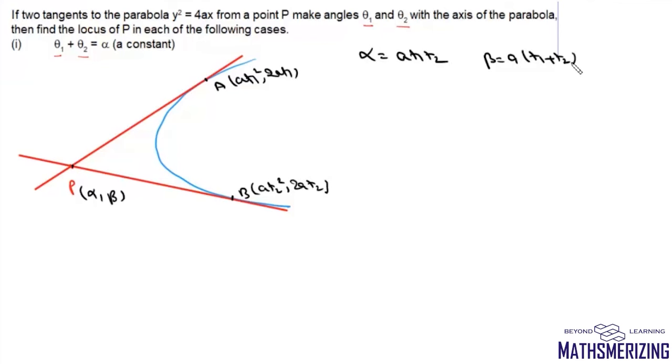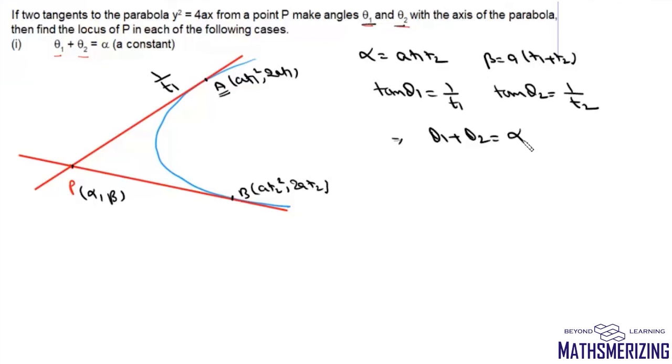Now it says these two tangents make angles theta 1 and theta 2 with the axis of parabola. So if tangent is drawn at A, we know that slope of tangent is given by 1 upon t1. So that means tan theta 1 is 1 upon t1 and tan theta 2 is 1 upon t2. Now in the question it says the condition is theta 1 plus theta 2 is constant and is given as alpha.